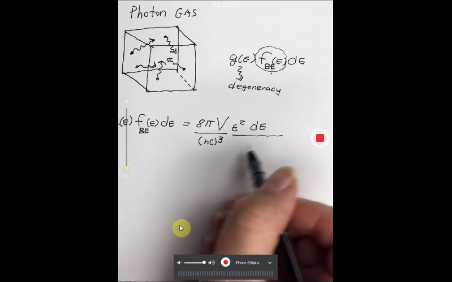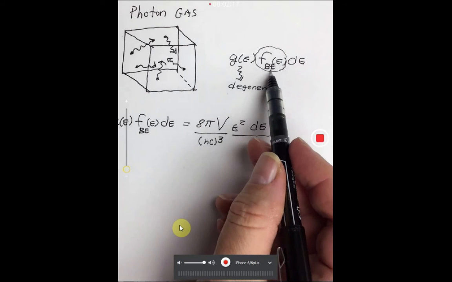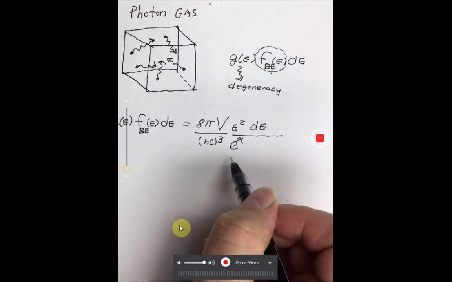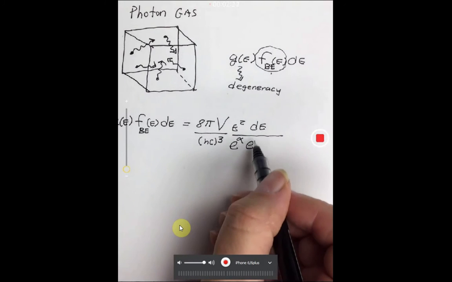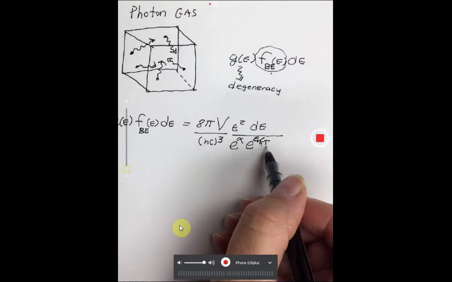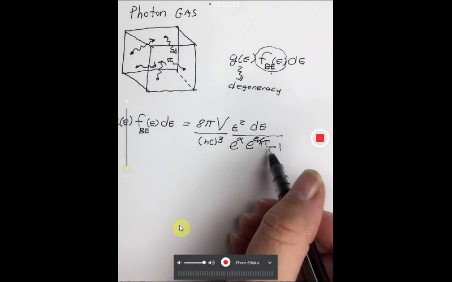And then we have the Bose-Einstein function, which is 1 over e to the alpha times e to the E over kT, where E is energy and kT is Boltzmann's constant times temperature, then minus 1 for the Bose-Einstein distribution.